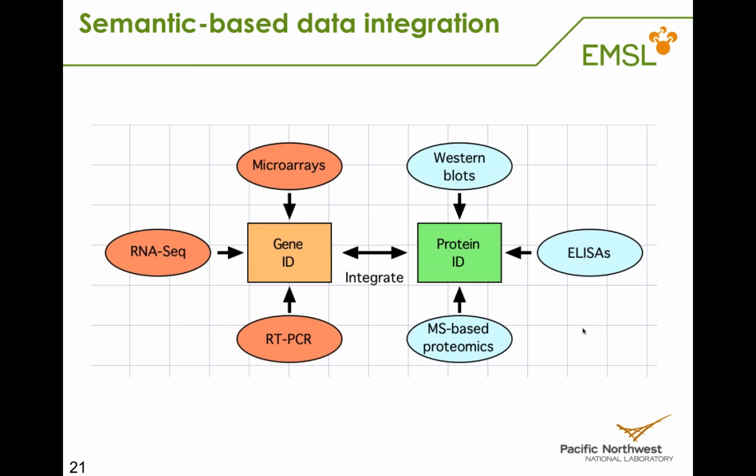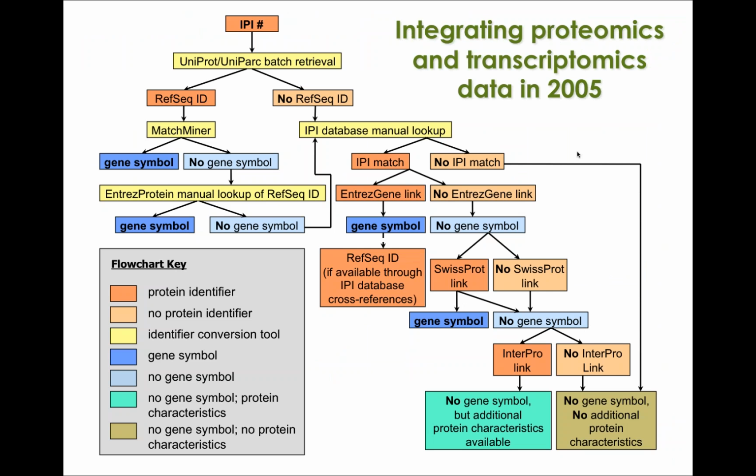This is a flow chart we did in 2005 to show what was necessary to be able to integrate proteins that had an IPI number to a gene that had a gene symbol. Basically, you'd find some of them had RefSeq, some did not. Some would be present in the software, some did not. So in essence, we had to go through all this.